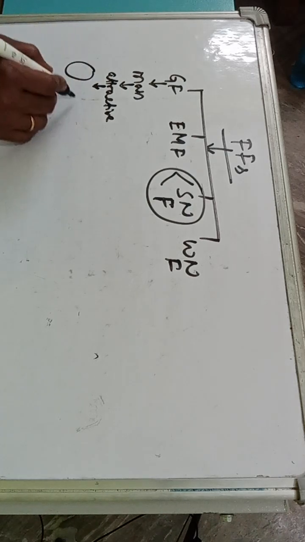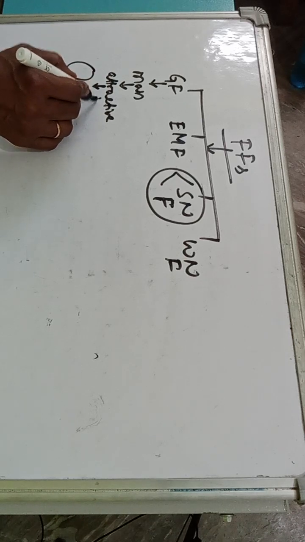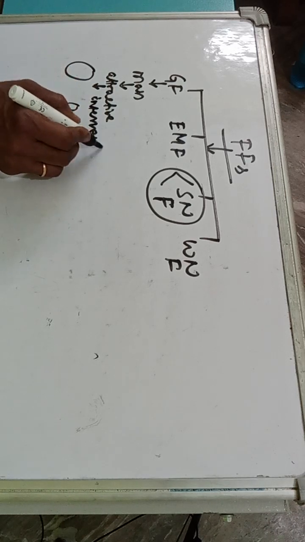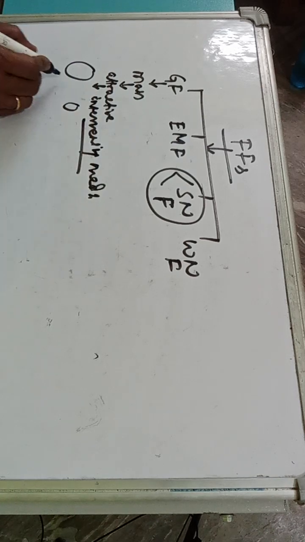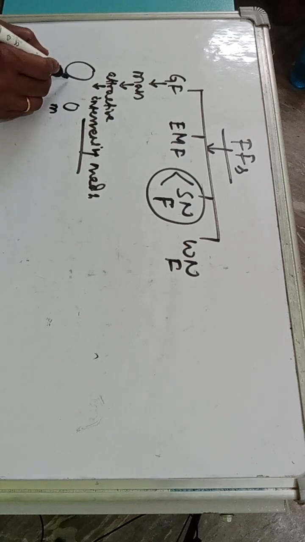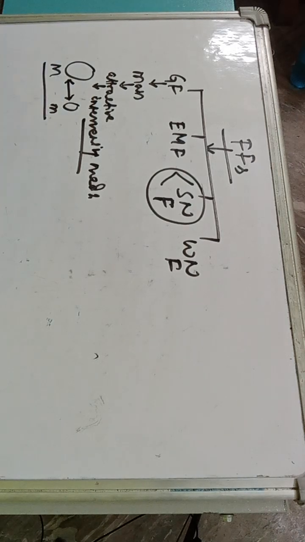If two objects are kept, it does not require any intervening media. If two masses are kept and in between the media may be anything, there will be a force of attraction, that is the gravitational force.